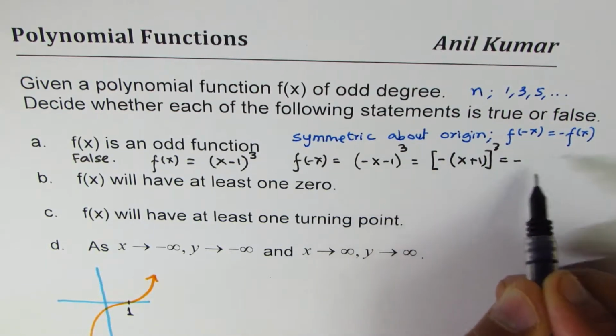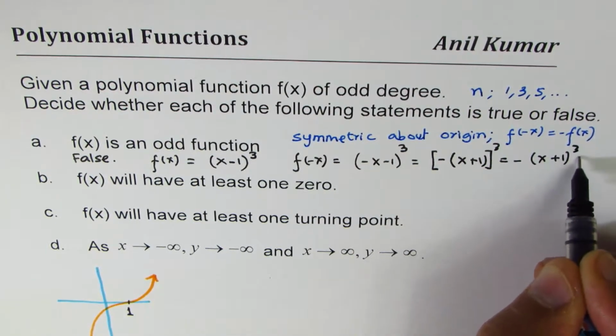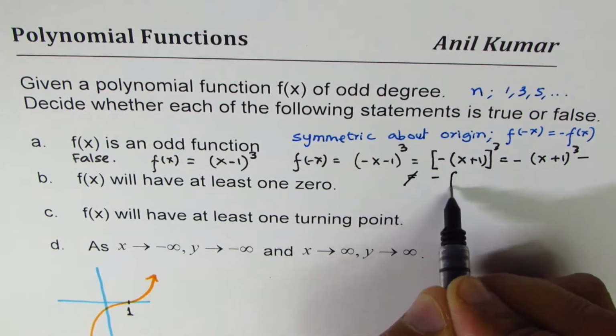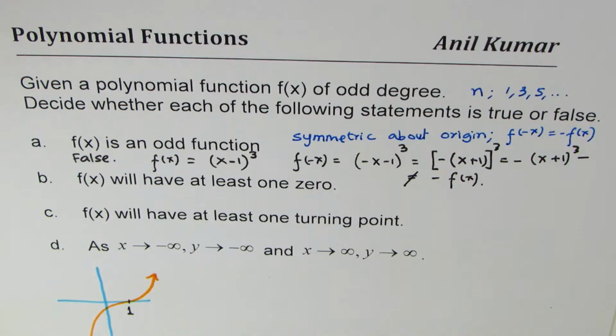Cube of negative is negative, but inside we get x plus 1 whole cube, which is not equal to minus of f of x. Do you see that? So you can see both graphically and algebraically that odd degree functions are not necessarily odd functions. Okay, that's very important to understand.